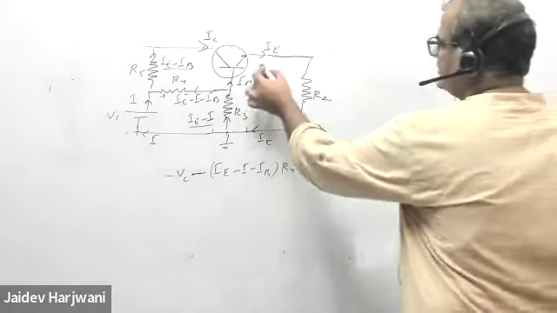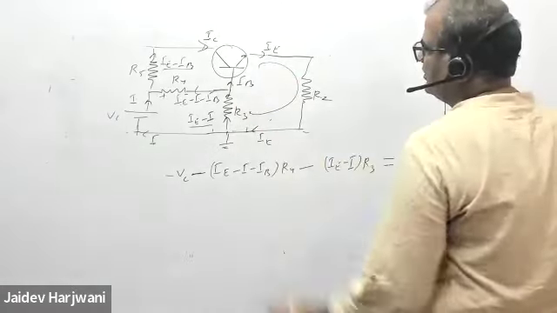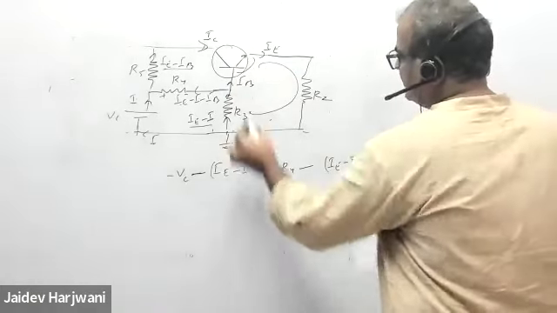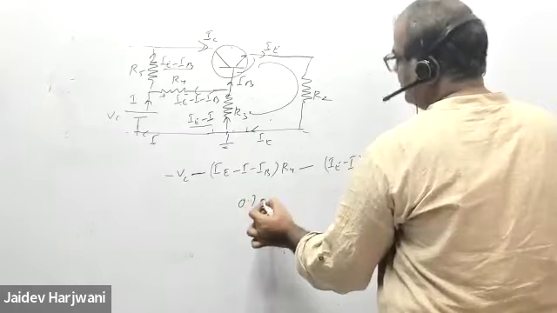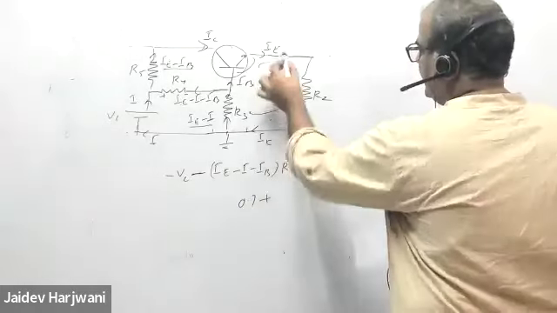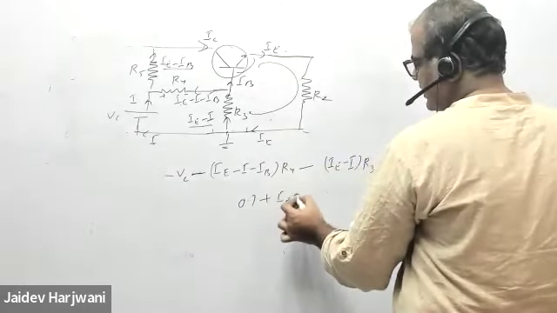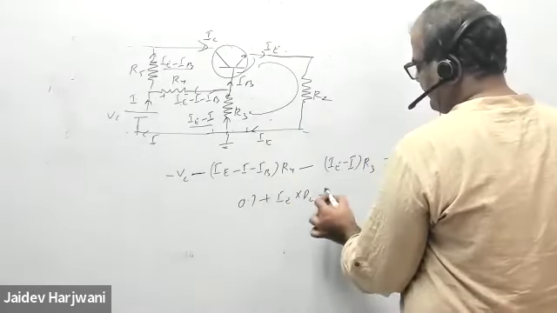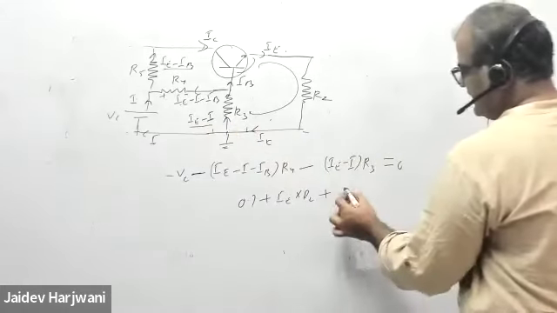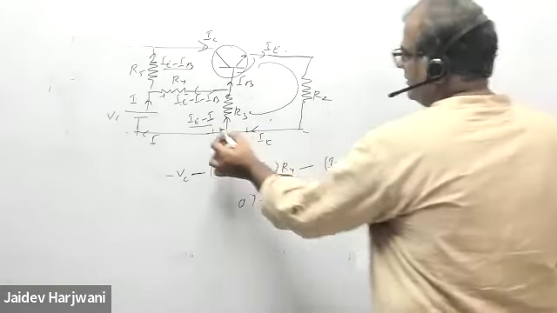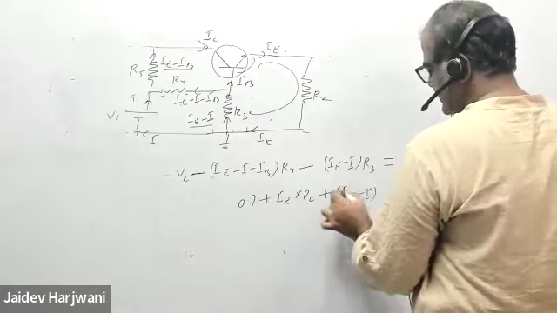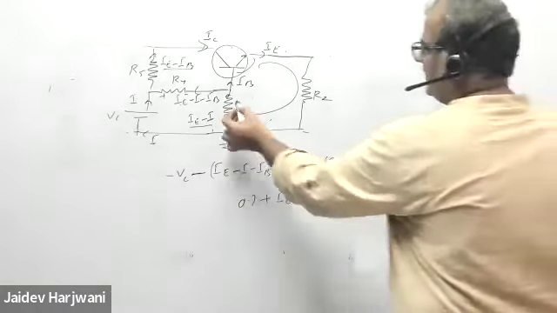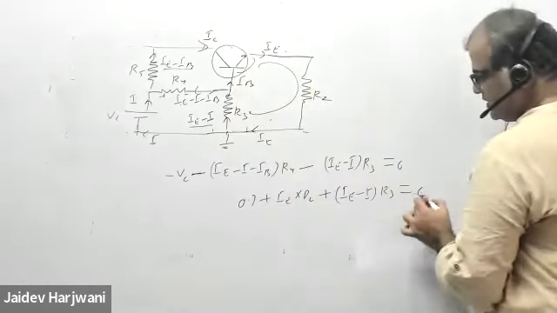And if I go in this loop, this is VBE 0.7. Okay, so I can write 0.7 volt plus IE R2, and I can write plus here IE minus I R3, and I can go this loop equals to 0.